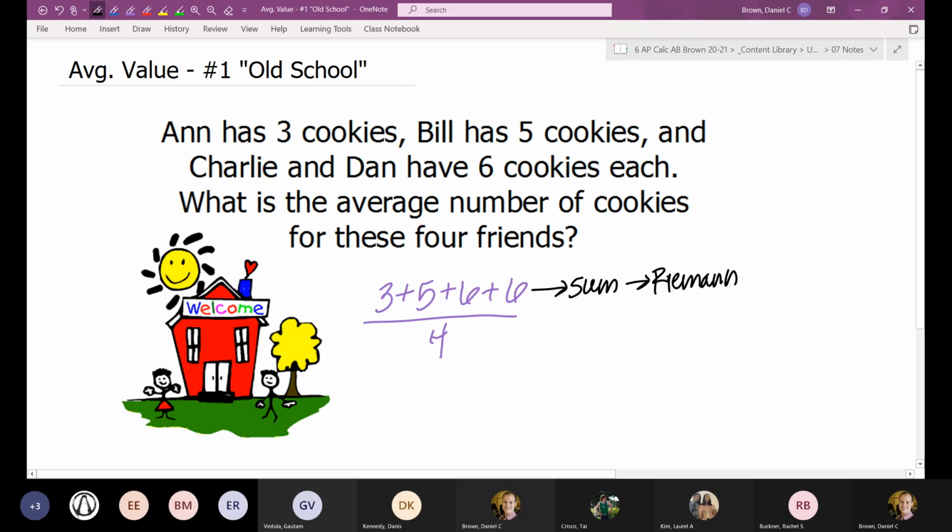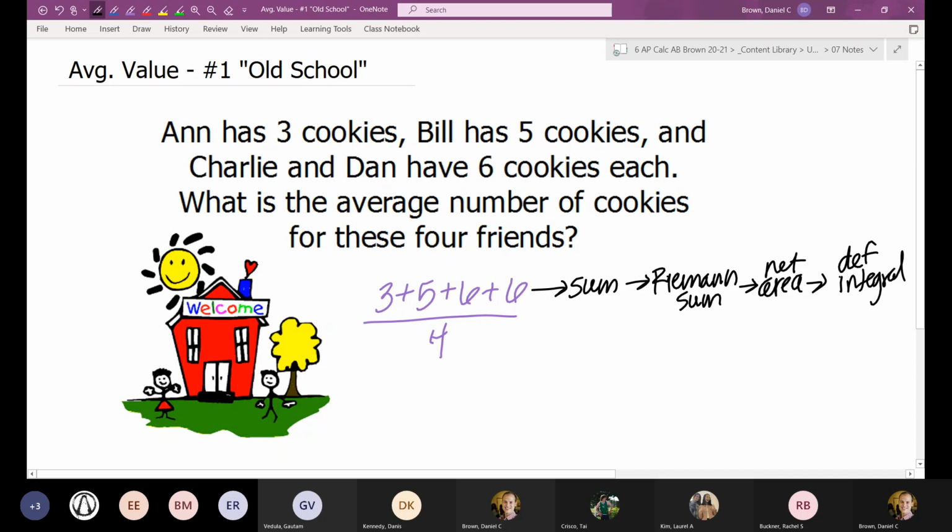So that is a Riemann sum. In some ways, when you're finding an average, you're kind of finding a Riemann sum. What do we use a Riemann sum to approximate? The area. In calculus, what is the area represented by? An integral, specifically a definite integral.